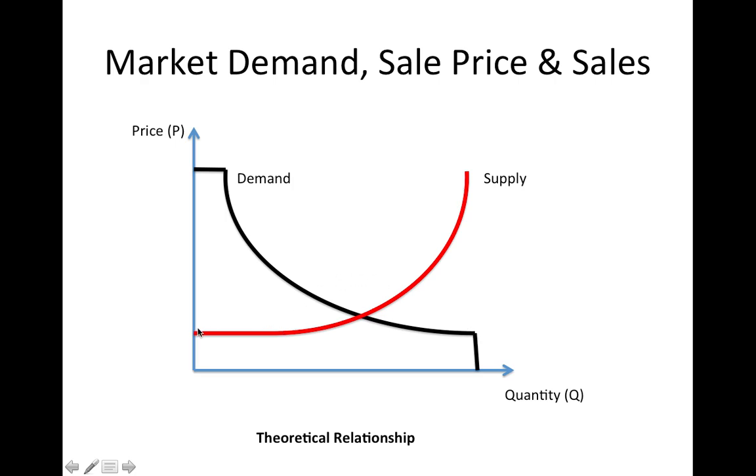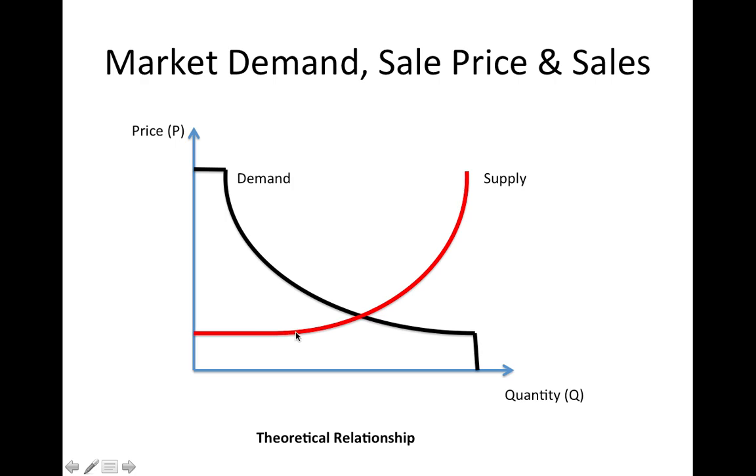And on the supply side, the way to think about it is that there is some level of price below which nobody's willing to supply, so the quantity goes down to zero. But as long as you can at least achieve their minimum price, you have people who are willing to supply.